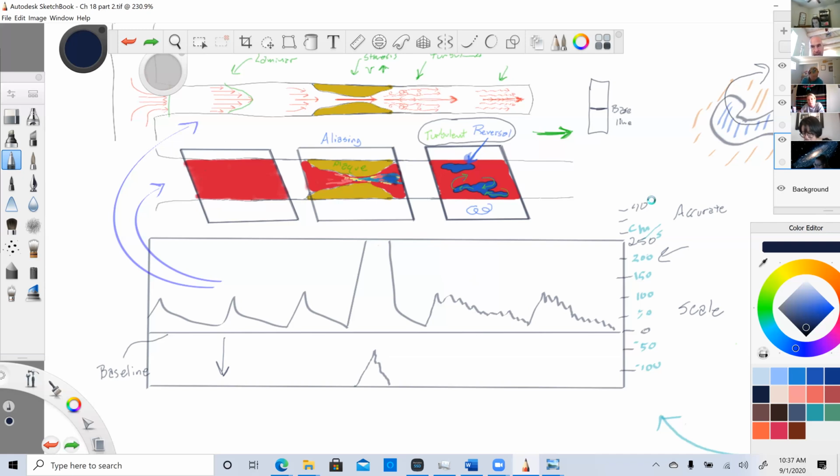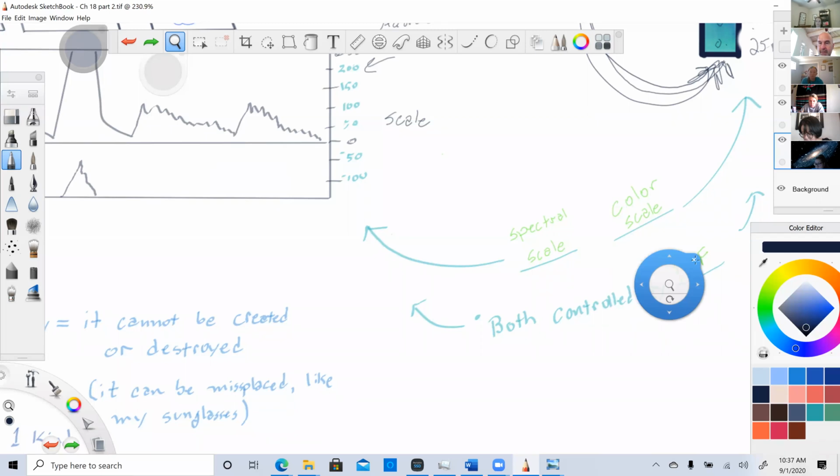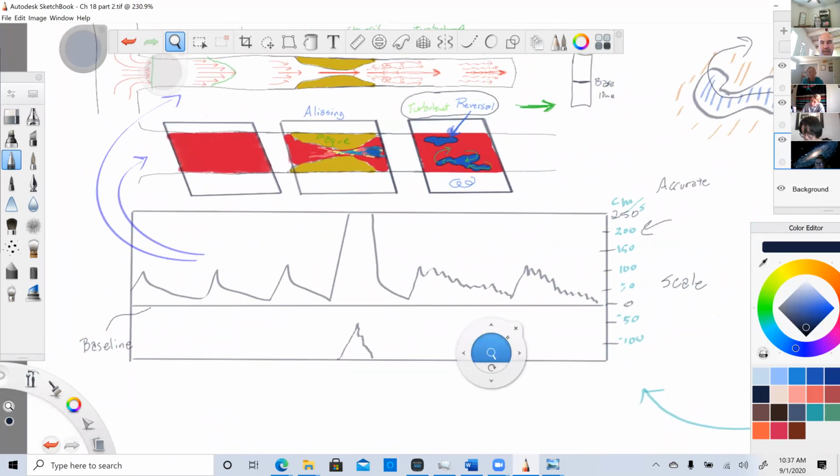So that's one way of dealing with it. And if it's not dramatic and you have room, go ahead and move the baseline, and then you're done. The other thing that we do, once again, is PRF, so both color and spectral, PRF. If we change our PRF, the baseline will stay the same, but the scale will change.